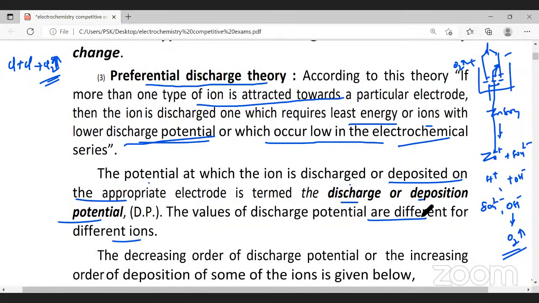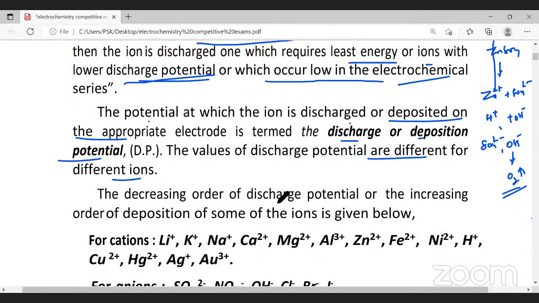So the deposition potential or discharge potential for different ions is what? Different. Because different elements have different properties, therefore they have different discharge potentials. The decreasing order of discharge potential, or the increasing order of deposition of some ions, is given below.